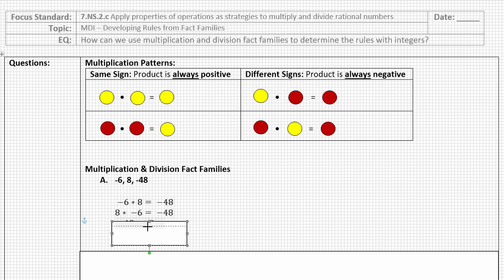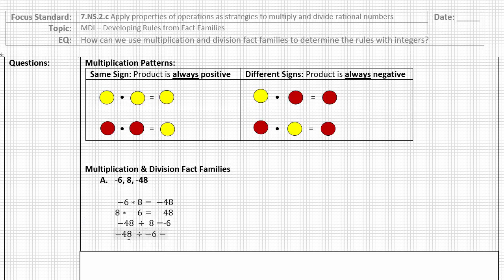What happens when we reverse that and we do division? We can think about this as backtracking with the first problem. If we start with -48 and we divide by +8, what does the answer, or the quotient, have to be? Well, if we're using backtracking, -48 divided by 8 has to equal -6. So then what about the opposite division fact?